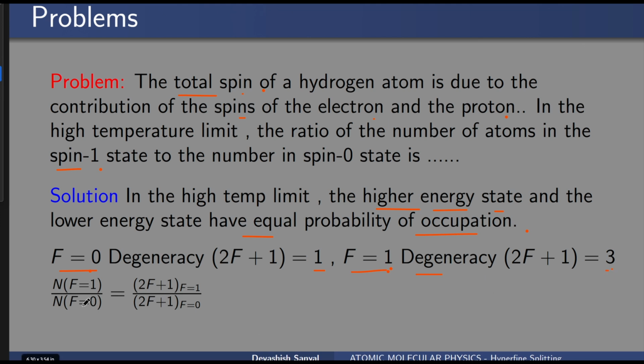So the number of atoms having F is equal to 1 to the number of atoms having F is equal to 0 will be the ratio of the degeneracy. So it will be 2F plus 1 at F is equal to 1 and 2F plus 1 at F is equal to 0.